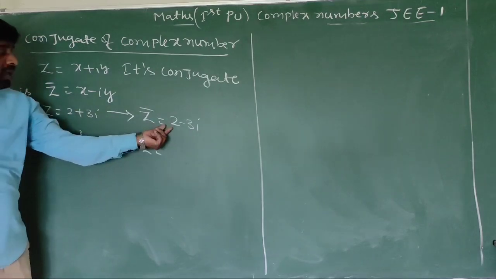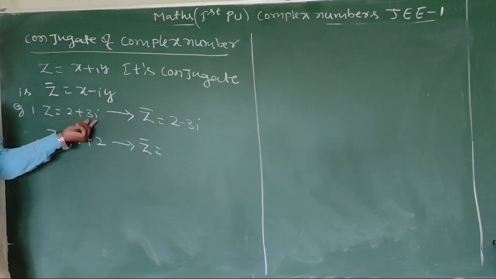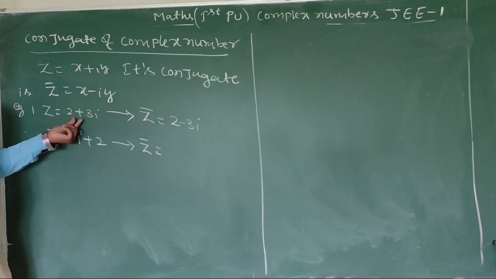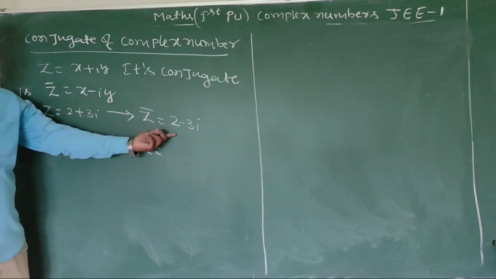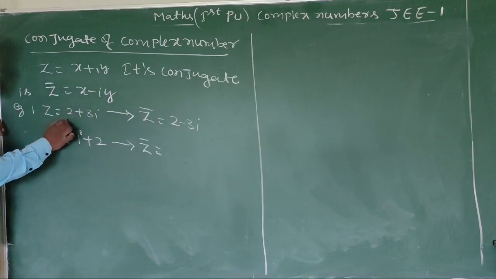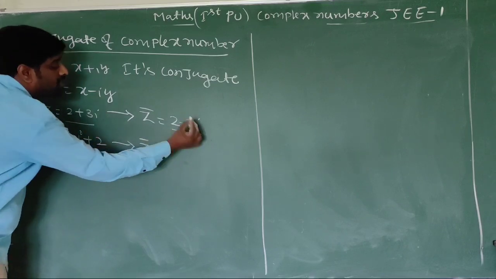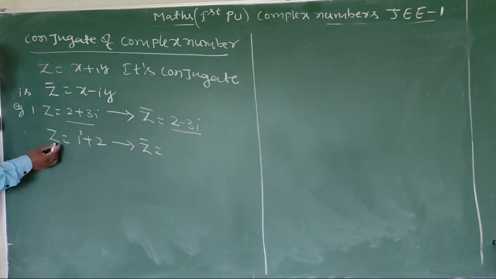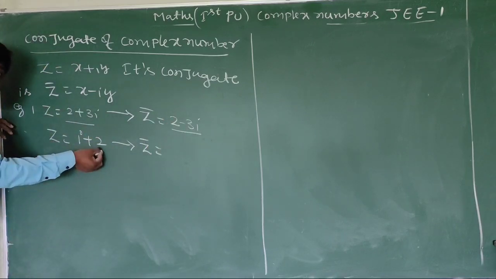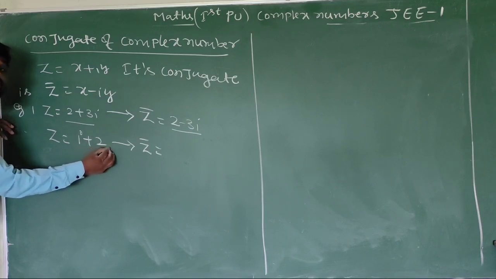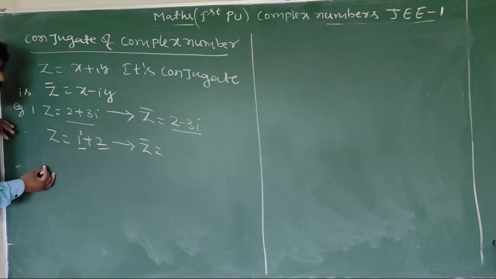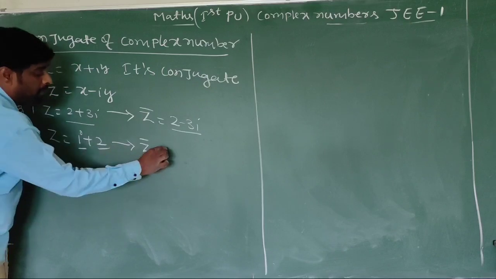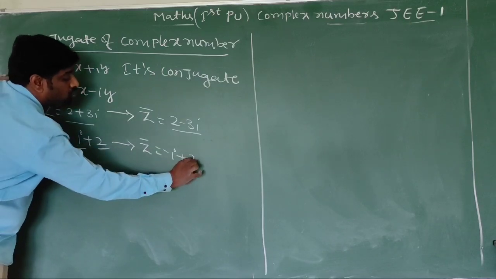Here 2 is the real part, 3i is the imaginary part. We have to change the sign of the imaginary part. So z is equal to 2 plus 3i, its conjugate is 2 minus 3i. Here z is equal to i plus 2. Here 2 is real, i is imaginary. Its conjugate is minus i plus 2.